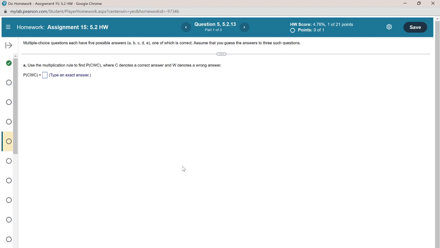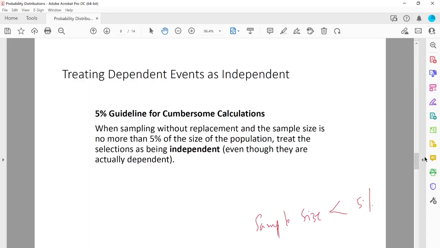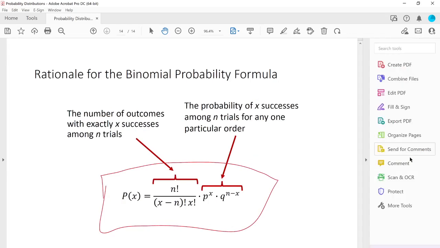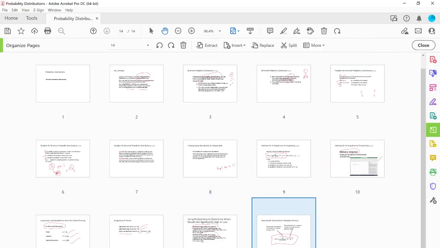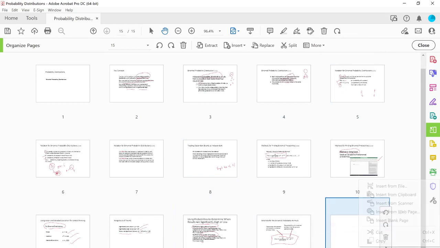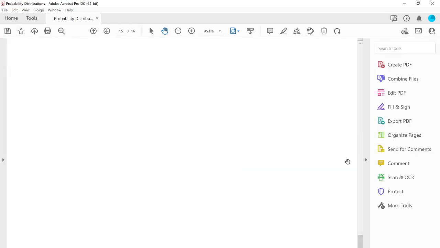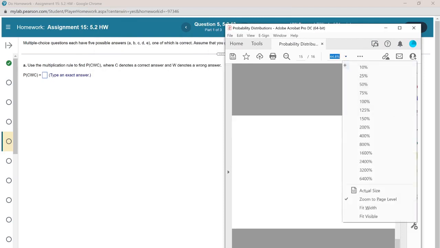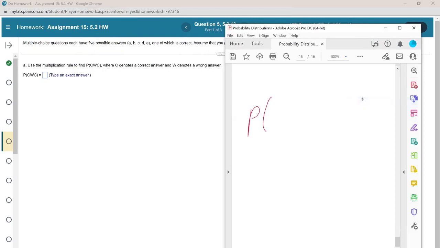Because they are independent of each other, let me just use a blank page here. This is what we want to find out. What is the probability of making the first one correct, the second one wrong, and the third one correct? They are independent, so we can just use this formula. The probability of this is the probability of correct, times the probability of wrong, times the probability of correct.